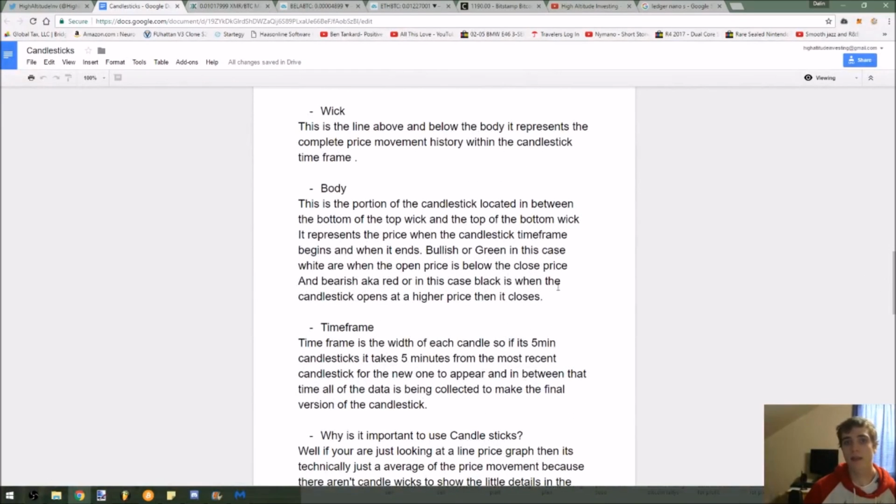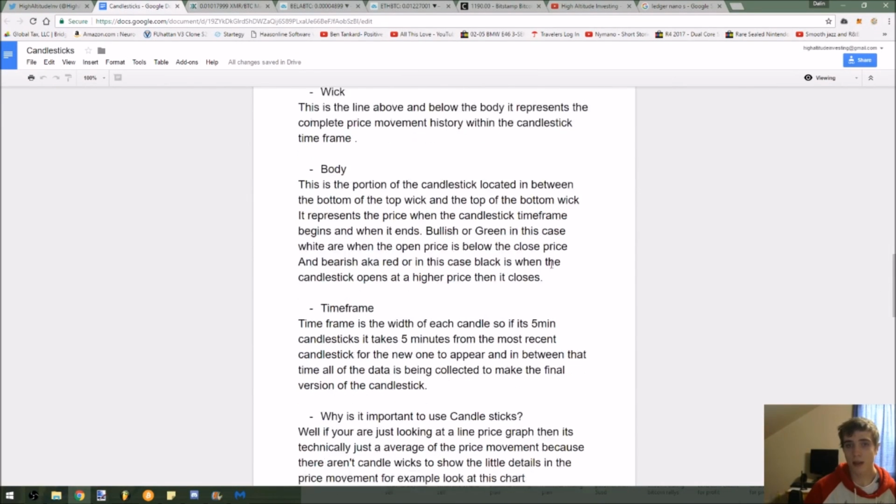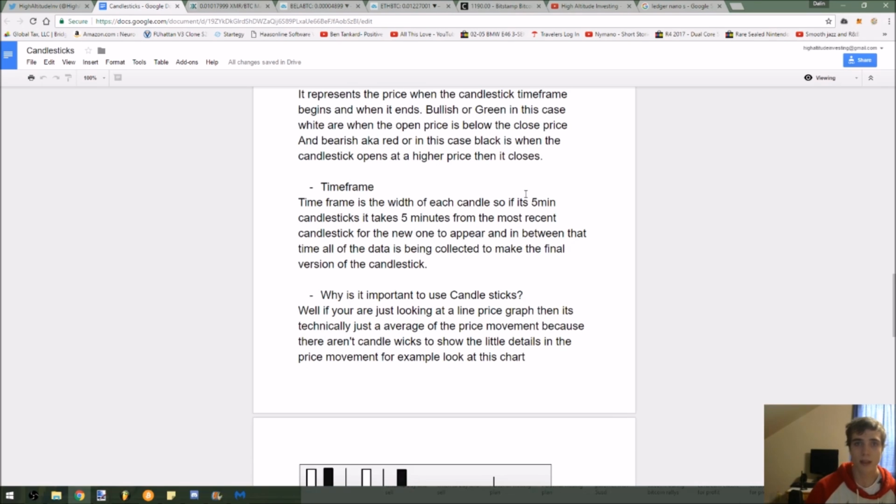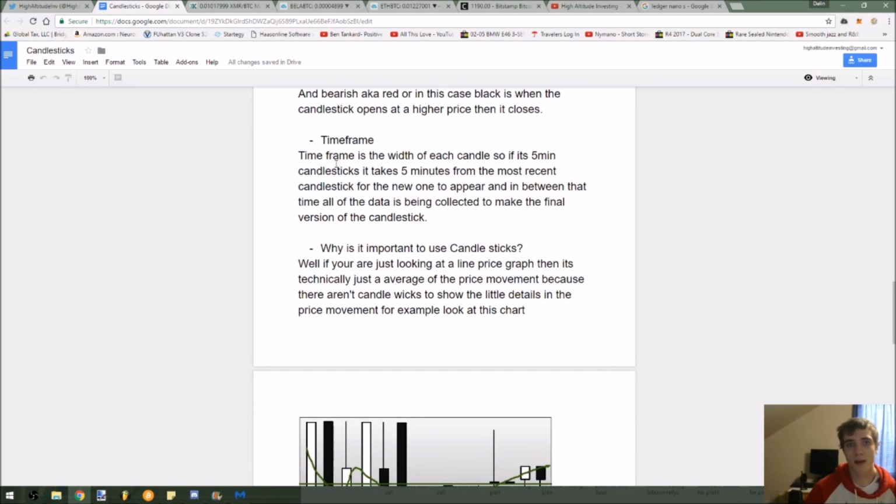Now, the reason I have this document for you guys is so you can come back and read this and be like, oh, so that's what he meant by that. Now, a time frame, like I said, is a given 5 minute period of time. Right after the candlestick appears, there's 5 minutes in which that candlestick is being formed, which means whatever price movement happens within that time is collected and will represent the final candlestick.